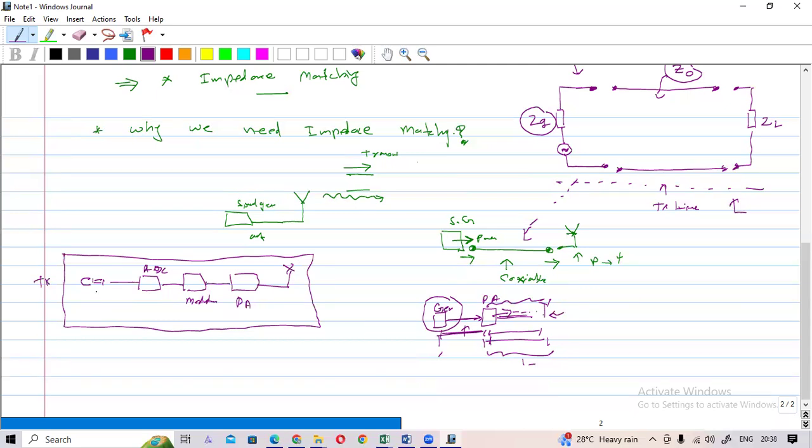Microphone to ADC is one section, where the source is the microphone and the load is the analog digital converter. In the next one, ADC is the source, modulator is the load. Then modulator is the source, power amplifier is the load. So this can be adapted to any section.